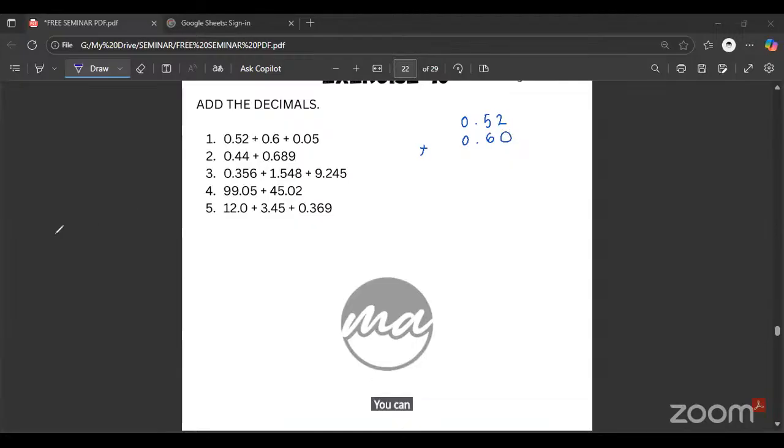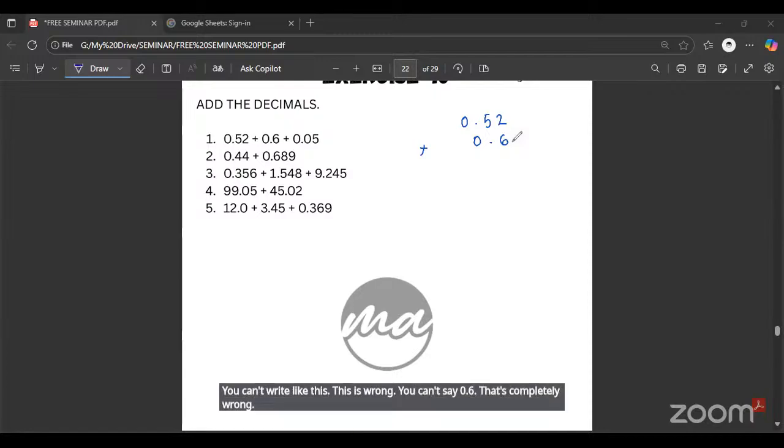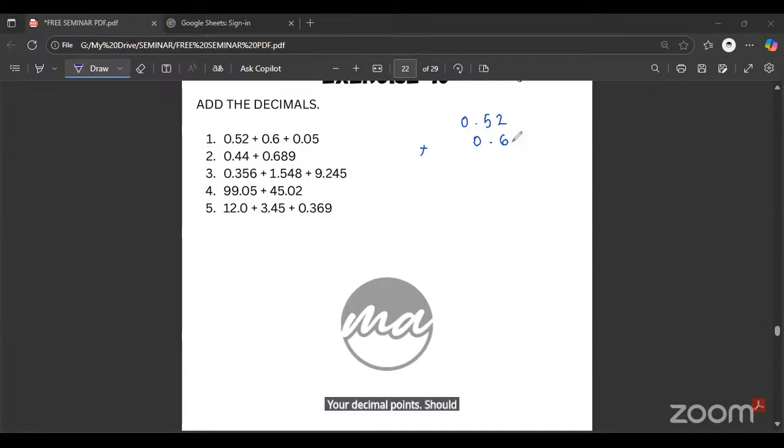You can't write like this. This is wrong. That's completely wrong. Your decimal points should be in the same line. Here, 0.6 should come here. 0.05 should come here.